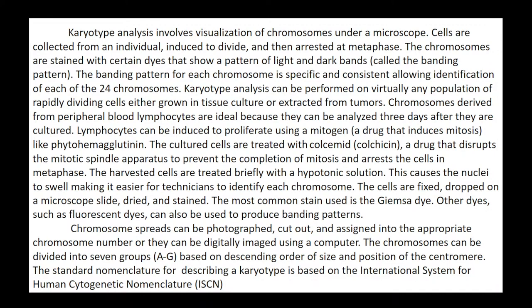After this, we use hypotonic solution, which causes the swelling of nuclei and destroying of the cell. After this, we stain chromosomes with Giemsa dye. And after this, we see these chromosomes under the microscope.